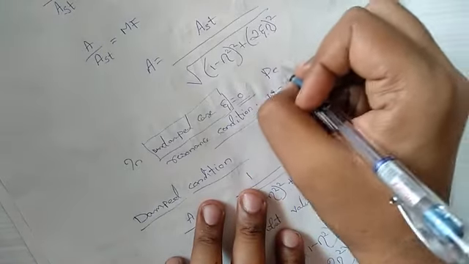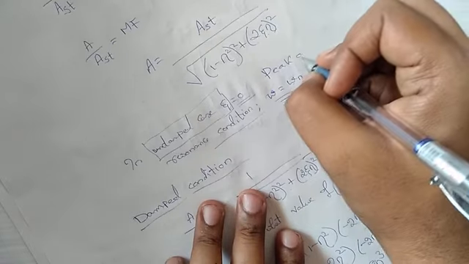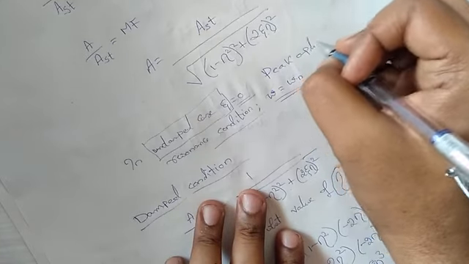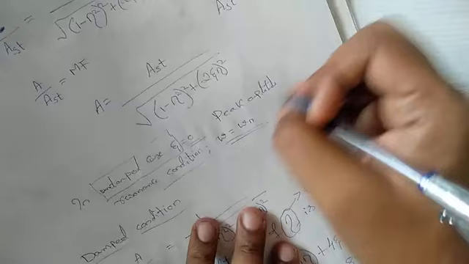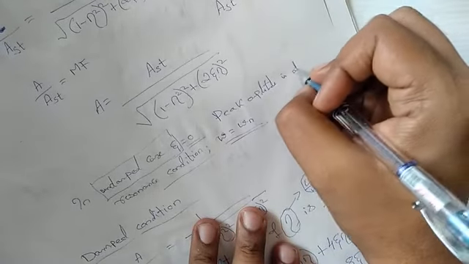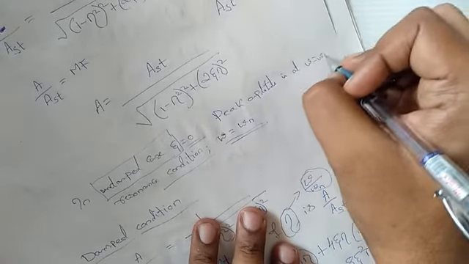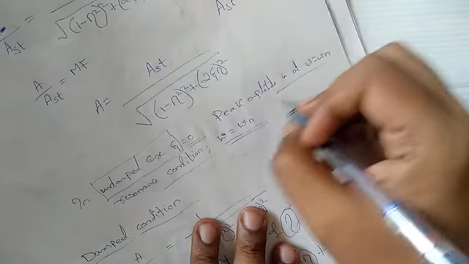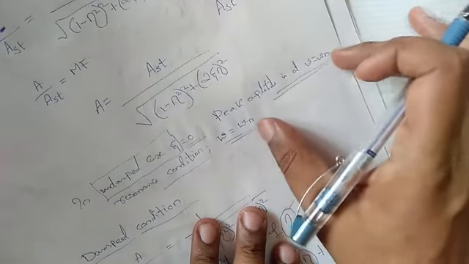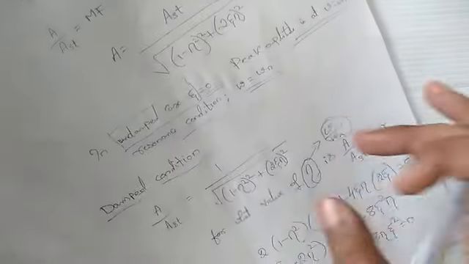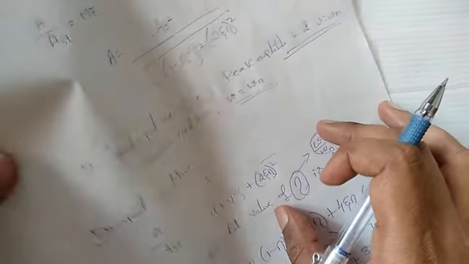Peak amplitude is at omega equal to omega n. Okay, this is only in case of undamped condition. In case of damped condition, we have to find the maxima, and this is how you find the maxima.